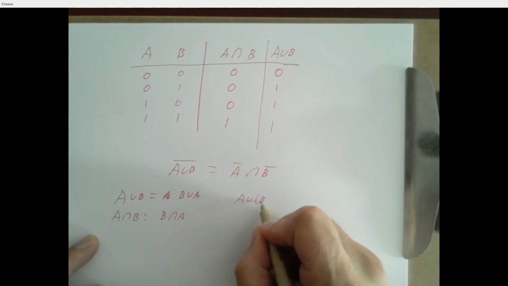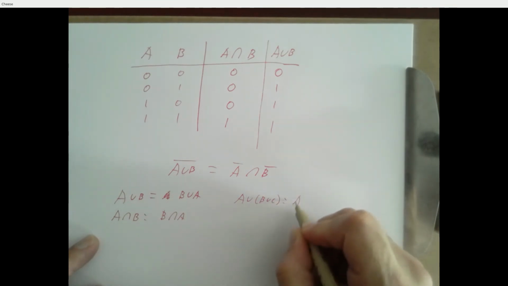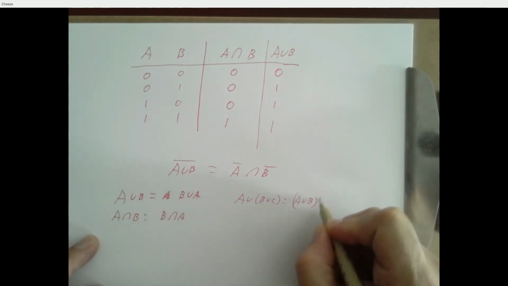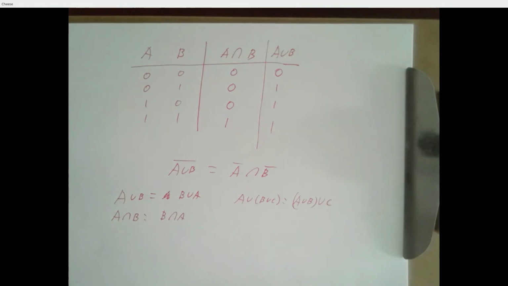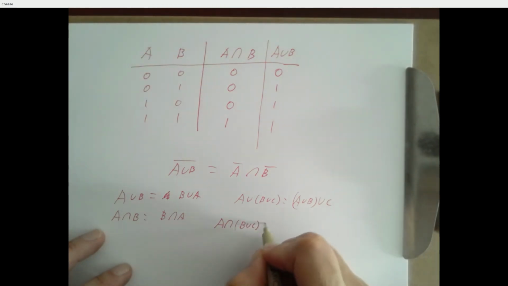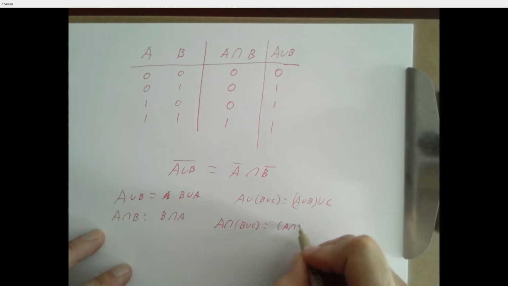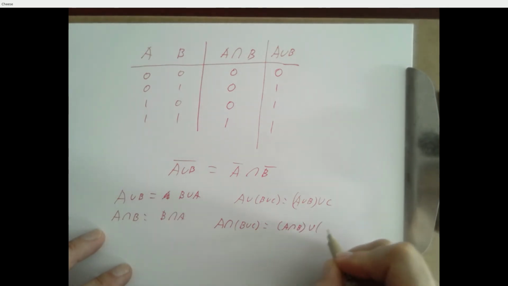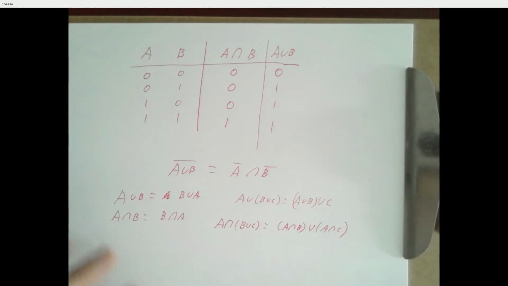Associativity, which says we can group these in whatever groupings we want and the answer doesn't change. Distribution, which says we take that intersection, we can apply it to each of the elements. And De Morgan's theorem, and so on and so forth.